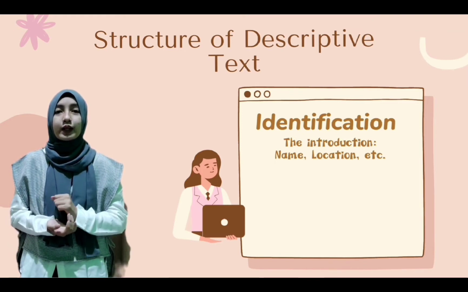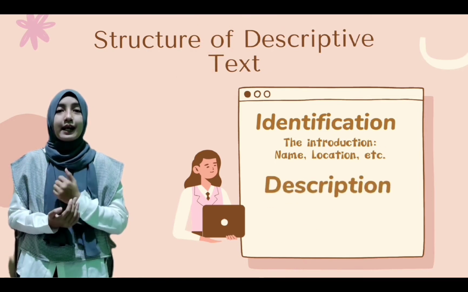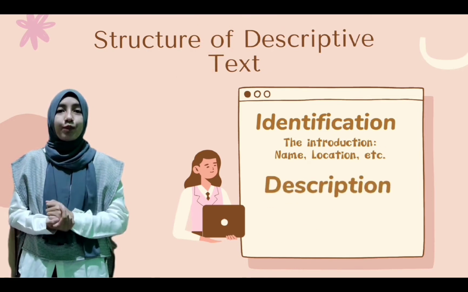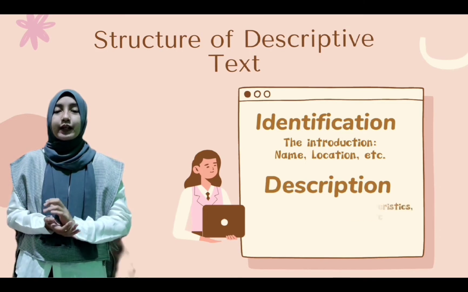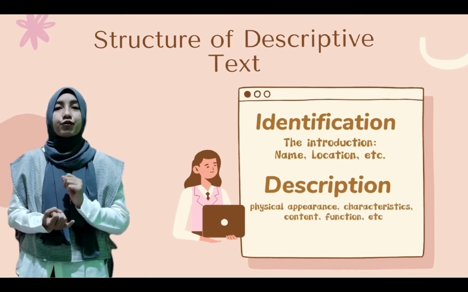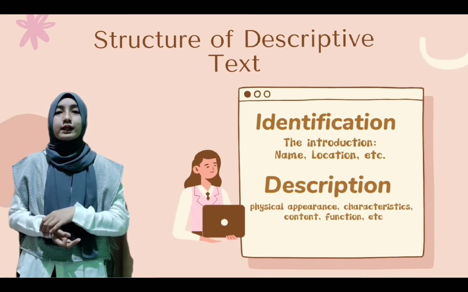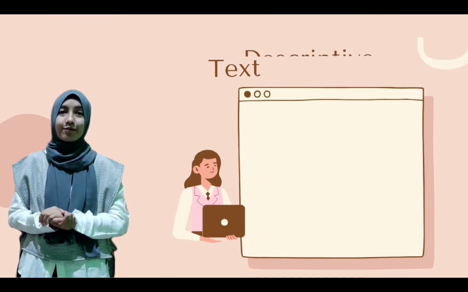Identification is usually located in the first paragraph. And second is description. This part shows the detailed description of the subject. It might include information about the appearances, the forms, or the qualities of the subject being described.